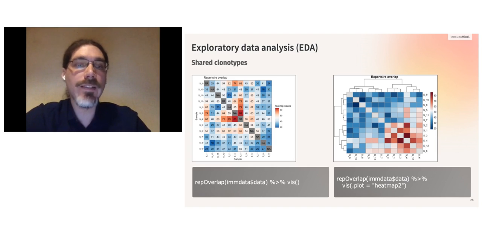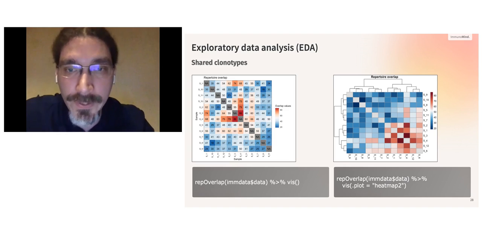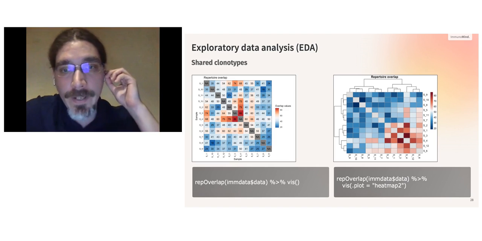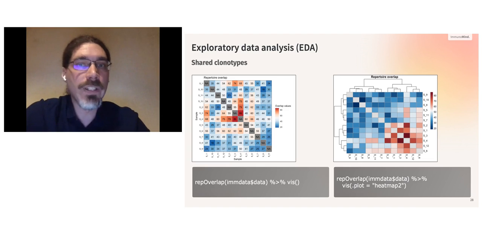And this means that samples S2, S1, S3, S4, S12, and S6 are somehow similar in terms of shared clonotypes.